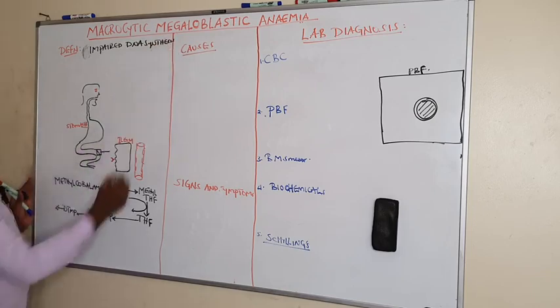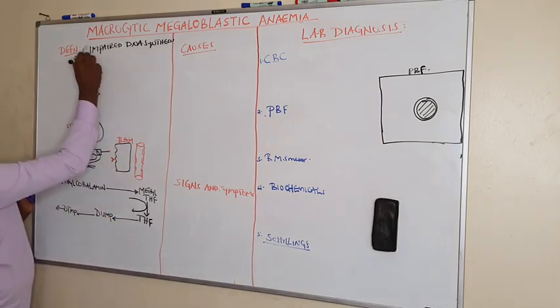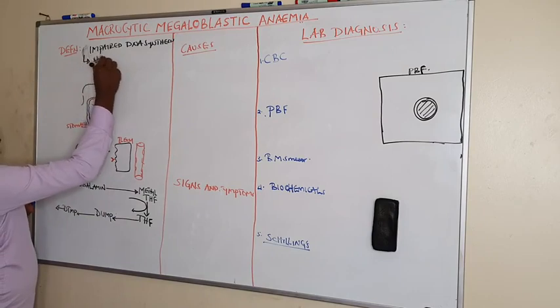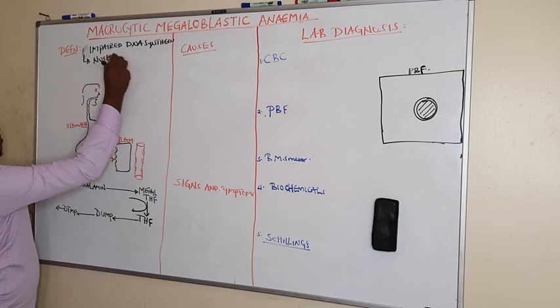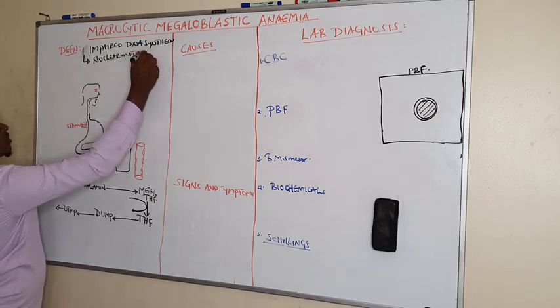And when there is impaired DNA synthesis, the nuclear maturation during erythropoiesis is impaired. There is no nuclear maturation.